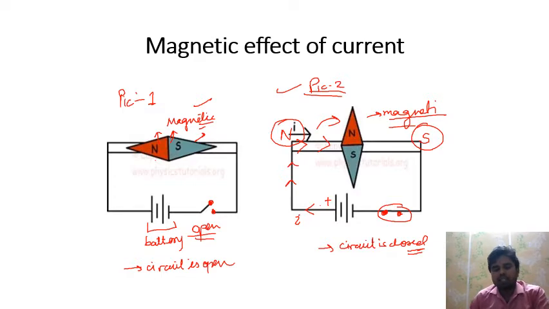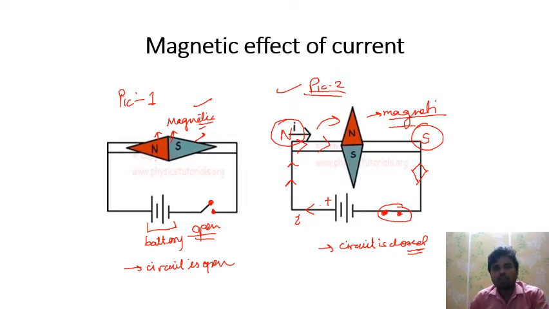So basically student, due to the flow of current, there is the production of a magnetic field in the circuit. Anywhere you keep this magnet, it would show the deflection. So due to the pole formation in the circuit, the magnet shows the deflection.